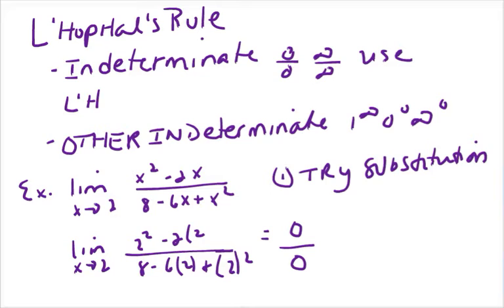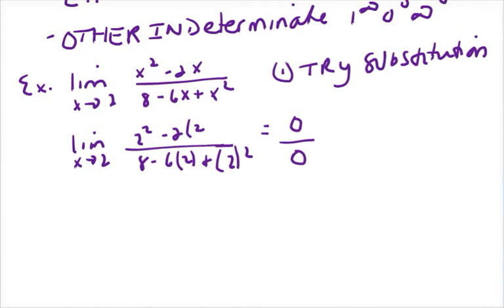It's actually 0 over 0, which happens to be an indeterminate form that you can use L'Hopital's rule on. So, how do I use L'Hopital's rule? Substitution didn't work, you ended up here. Then the next step is to use L'Hopital's rule.